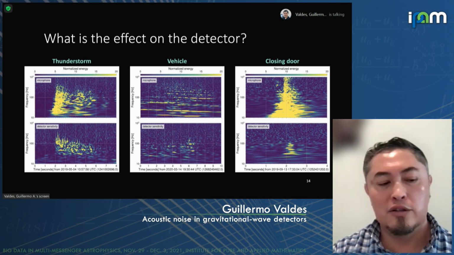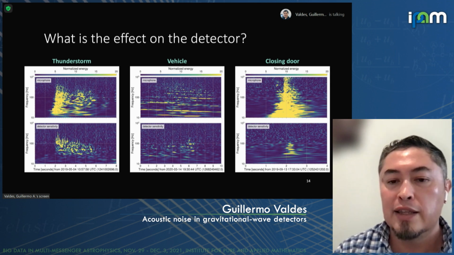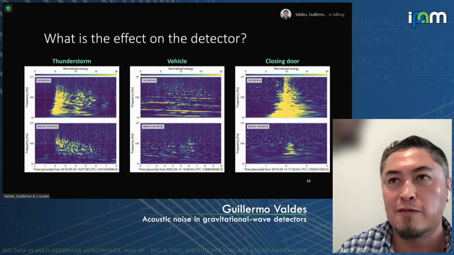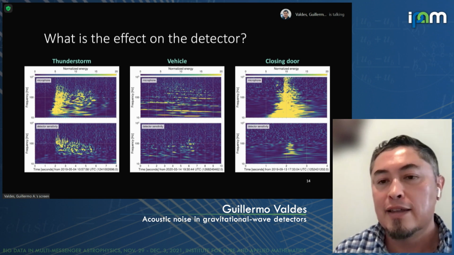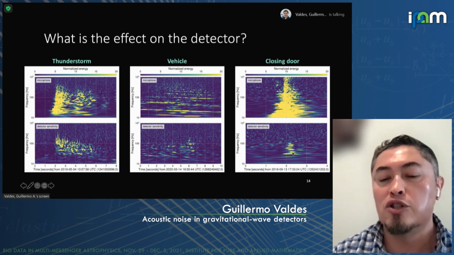By the way, there are logbooks, so I'm not sharing something that was not known, but I'm sharing some data with some kind of value, because we know that these closing doors might produce noise in the gravitational wave channel, but here I'm saying how much, right?